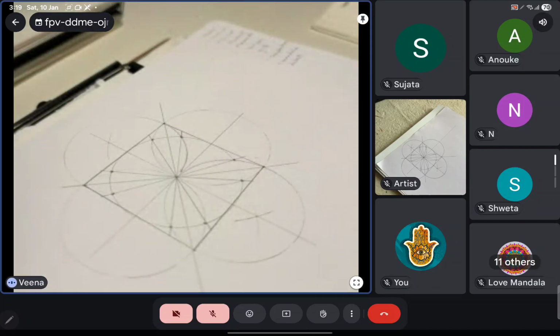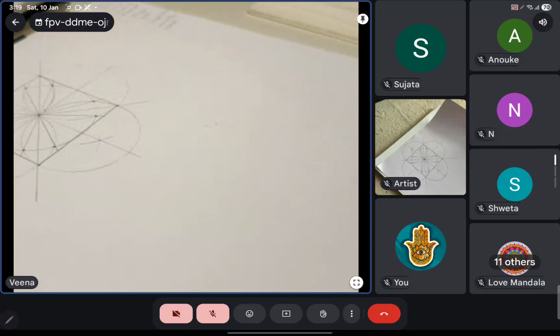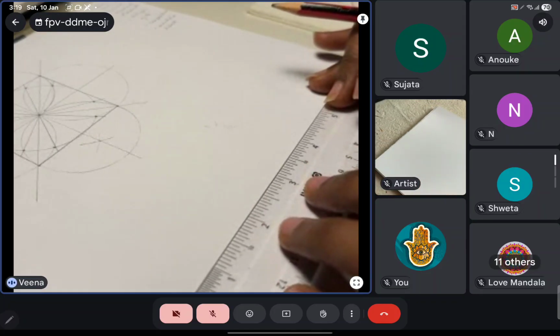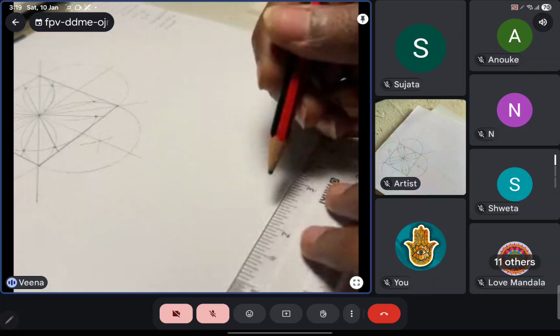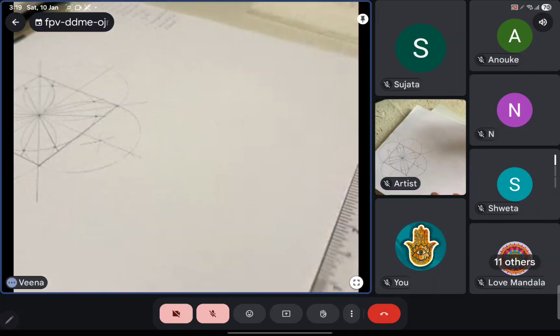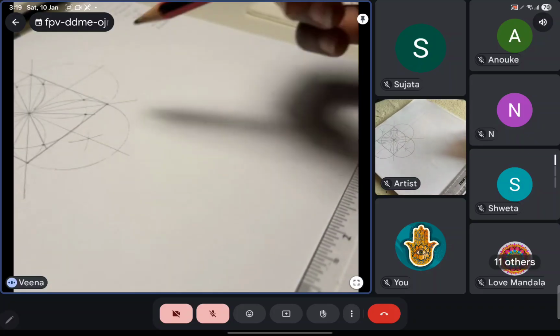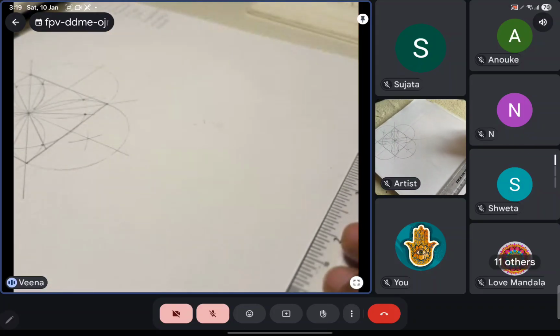That's it. So the same thing, we start off by drawing a horizontal line. And this time, let's do it a little bigger so that it'll be easy to understand.